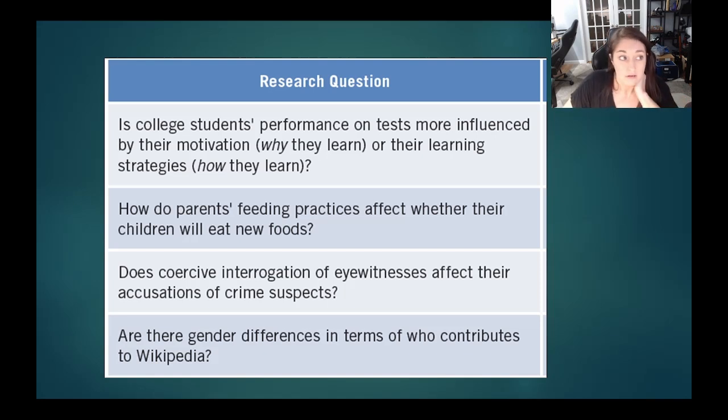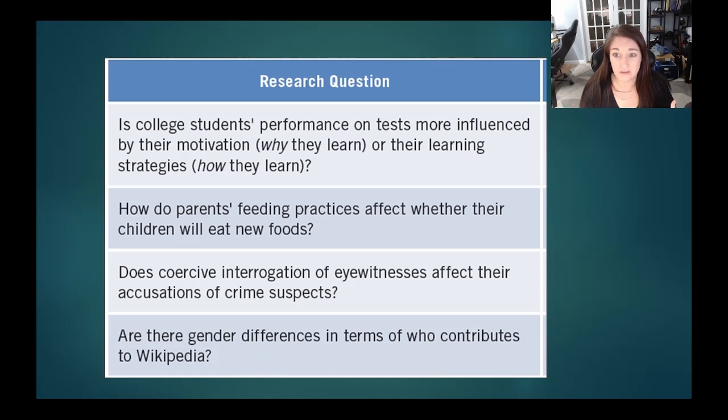Well, college students' performance on tests more influenced by something or not? Well, the student's performance in this case sounds like the dependent variable to me. Okay, so I'm walking you through the process of how I would figure this out. The student performance, that's the dependent variable.